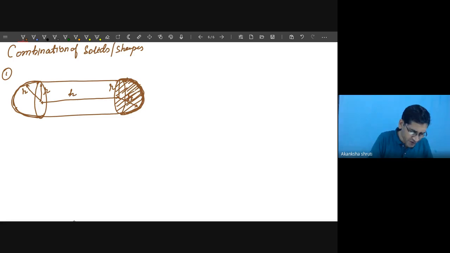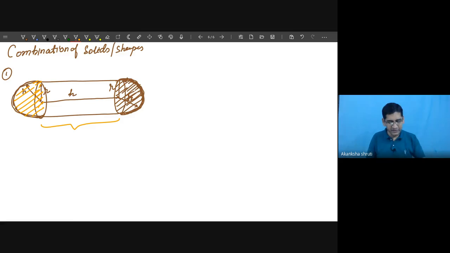So how to get the total surface area and total volume? I will write the formula quickly. Rather than this one, at one end there may be a cone. This is the cylinder. This is a hemisphere.